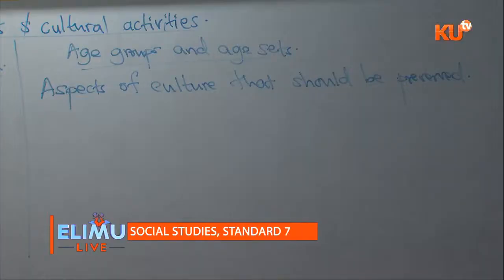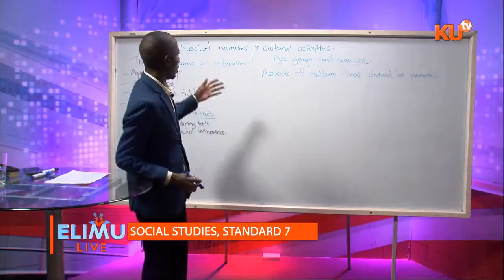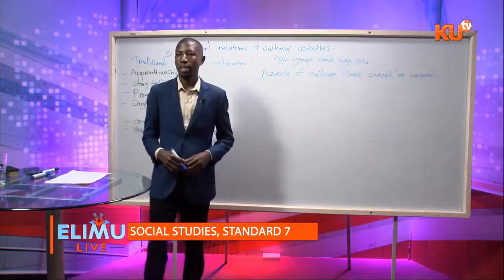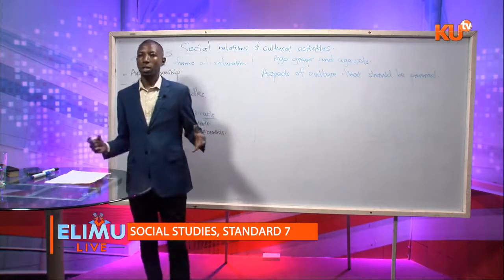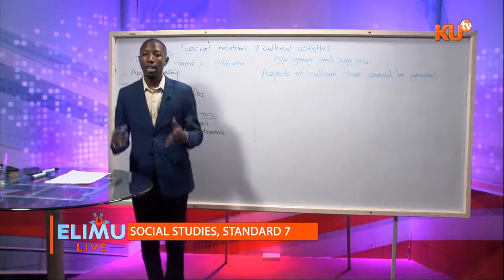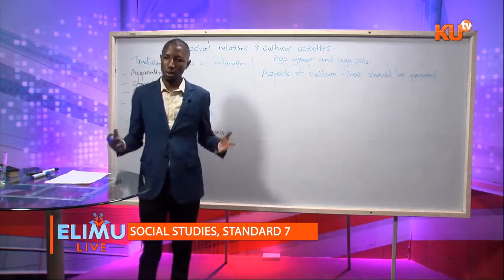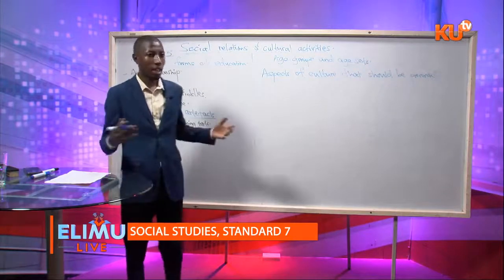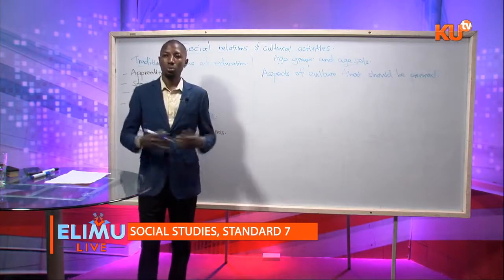You acquired them from grade 4, the traditional foods. Aspects of culture that we need to preserve also include our mode of dressing, our good mode of dressing as our culture dictates. Another thing that we need to preserve, boys' circumcision. It's a good thing. Boys' circumcision is an aspect of culture that we should preserve.